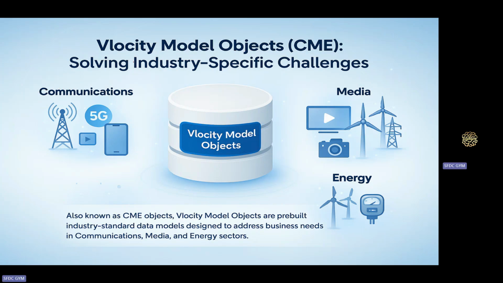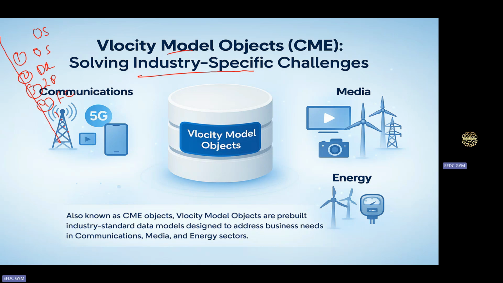So if I conclude, your Velocity model objects or your industry specific objects, what are those? Those are created on top of your OmniStudio. In your OmniStudio, we have OmniScript, right? Second thing is we have DataRaptors. Third is we have integration procedures. Fourth is we have FlexCards and many more things, right?